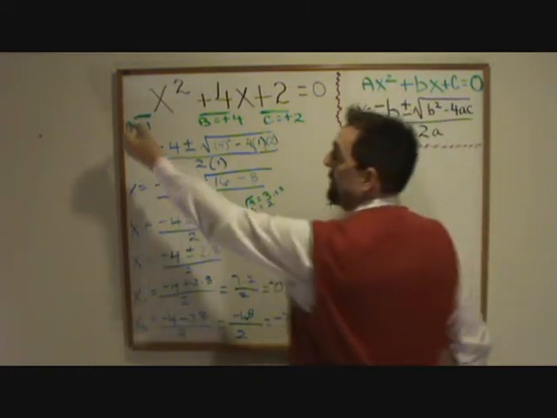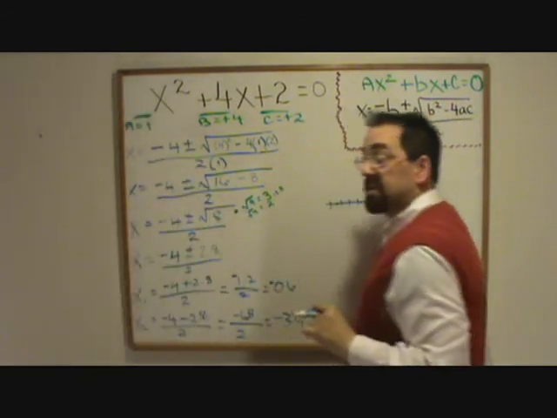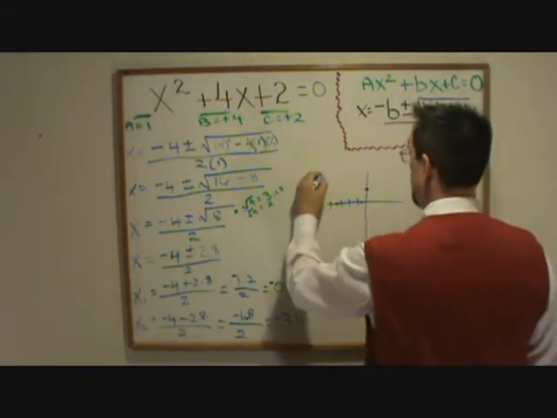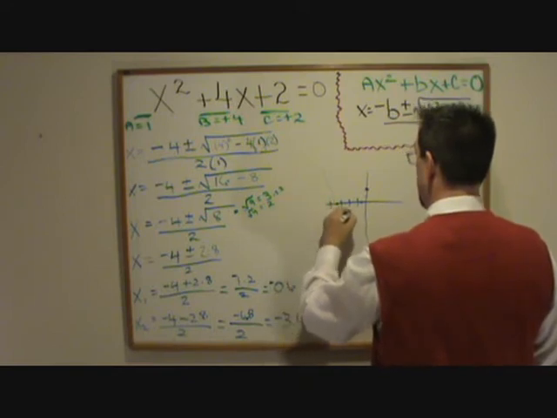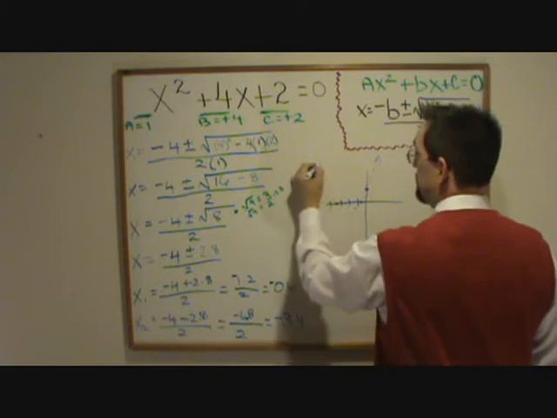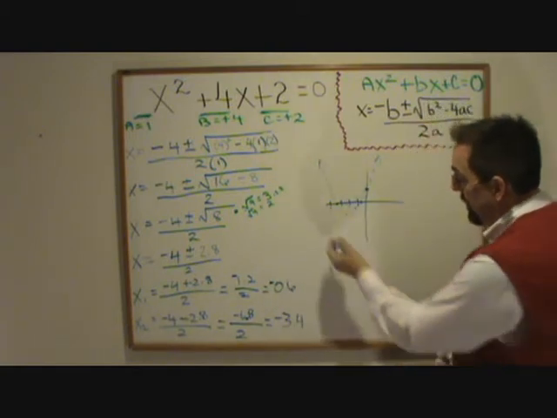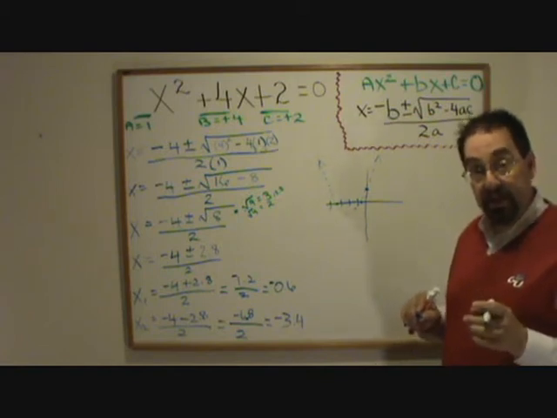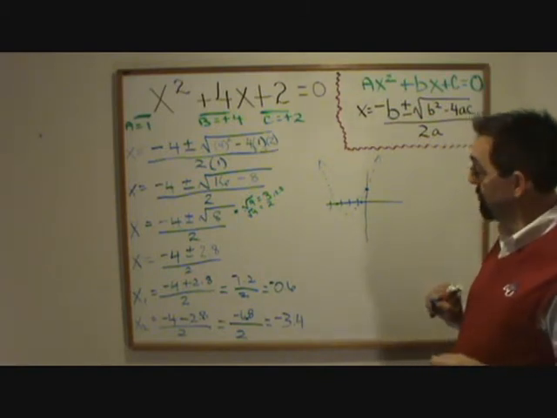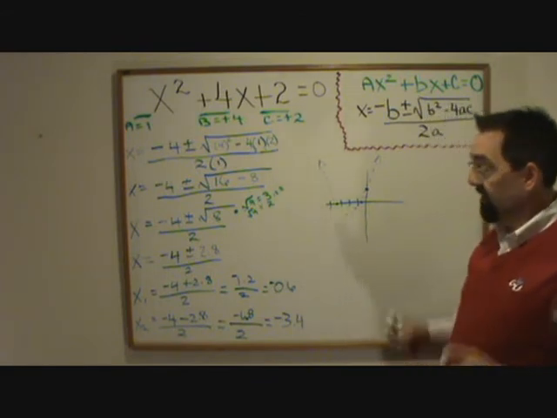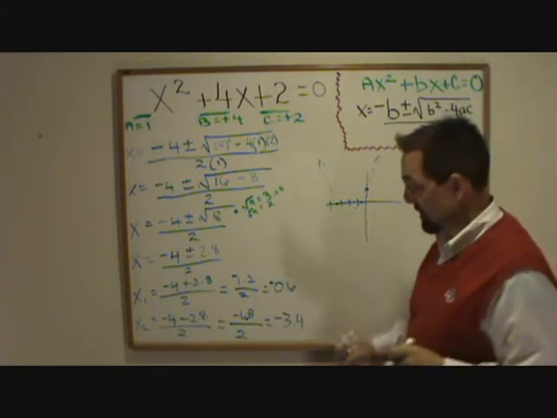And the x squared is a positive, so that means it's a smiley face. So it's going to be some sort of shape like that. We're not sure what the vertex is at this point without doing a little bit more math, but the quadratic formula helped us factor the expression.